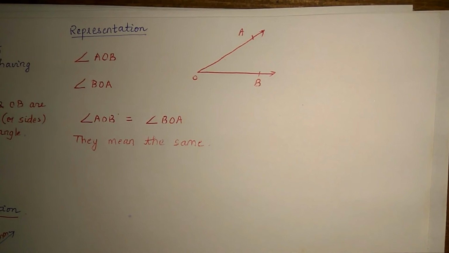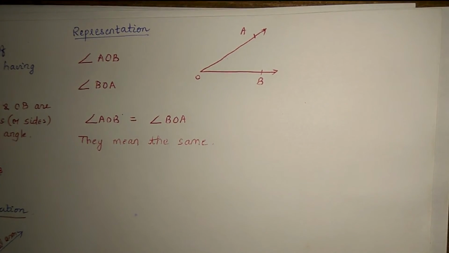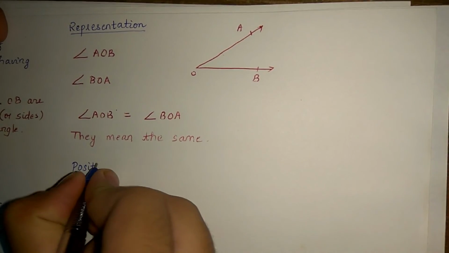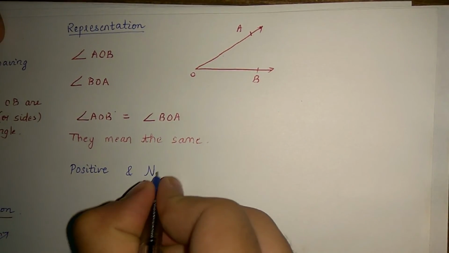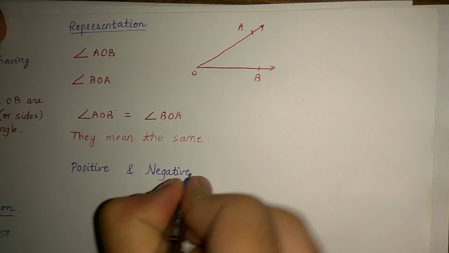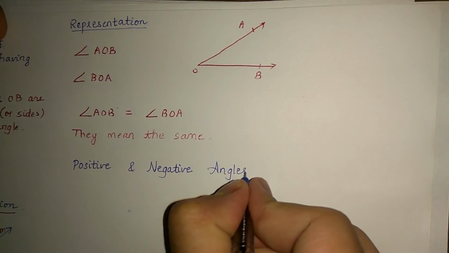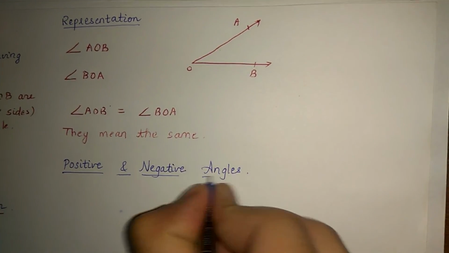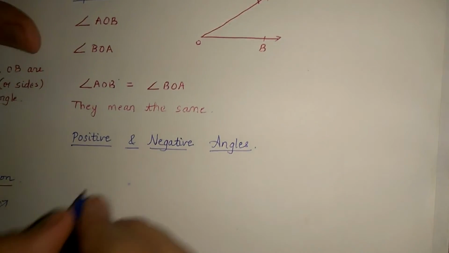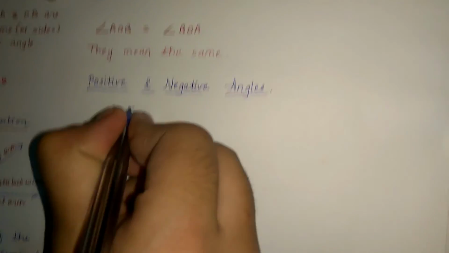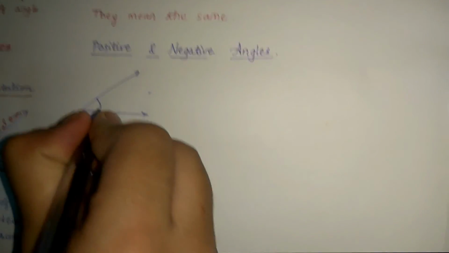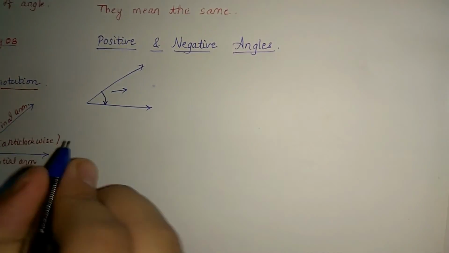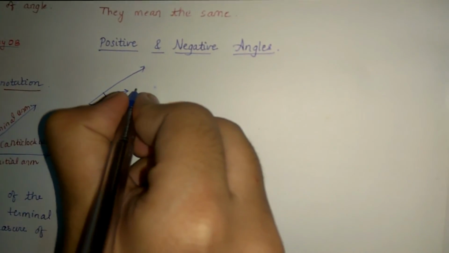Okay, so next topic we will consider is positive and negative angles. Now if the rotation is in clockwise direction, then we call the angle to be negative.